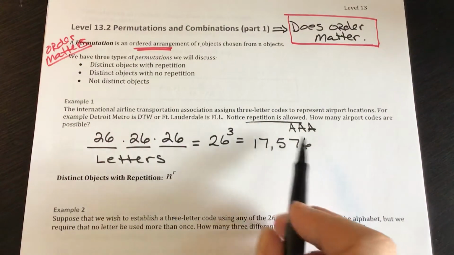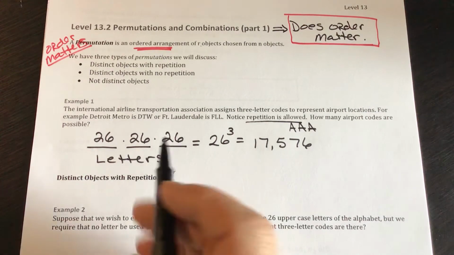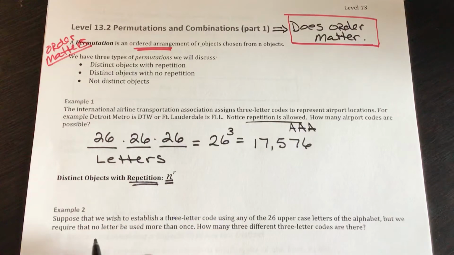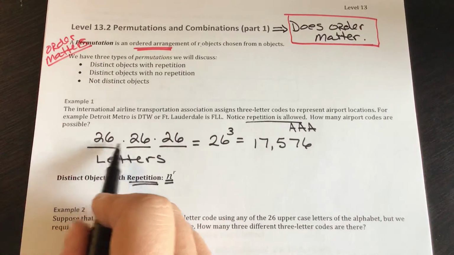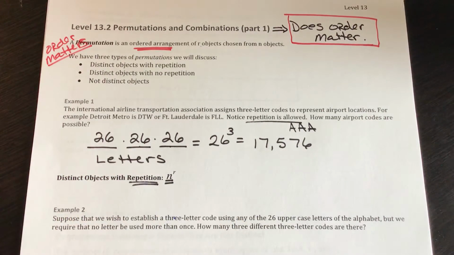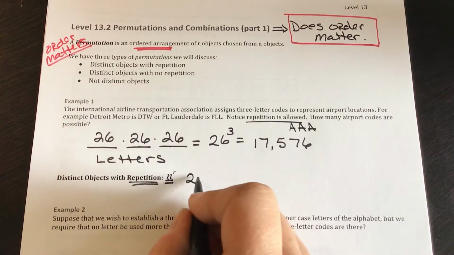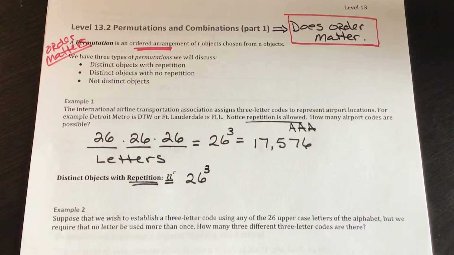So there are 17,576 ways to come up with 3-letter codes for airports. So if I have repetition, I have the number of objects to the power of the number of places that I'm going to put them. In this case, I have 26 letters in the alphabet, and I'm going to make 3 choices.